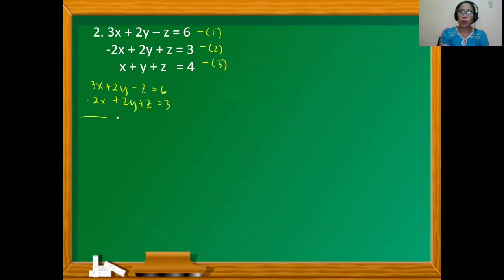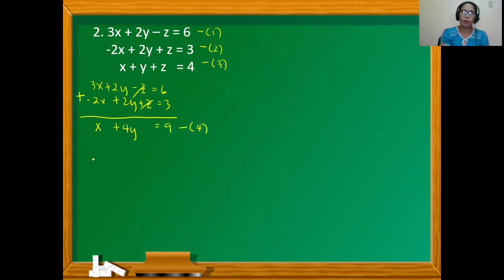We can make use of addition to eliminate z because the coefficients of z are the additive inverses of each other. So adding 3x and negative 2x will give us x, and then 2y plus 2y is 4y, z is cancelled, and then we have 9. We will consider this as equation 4.